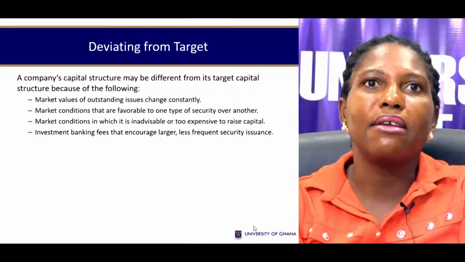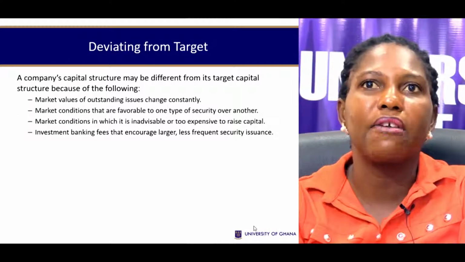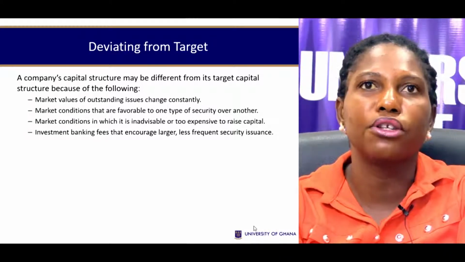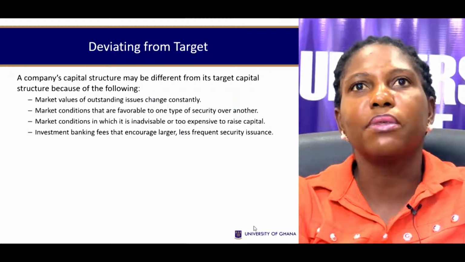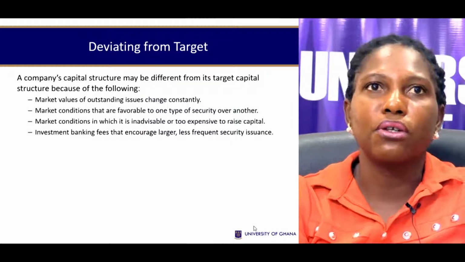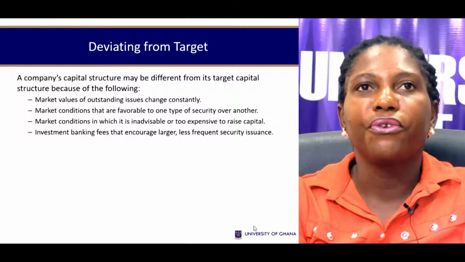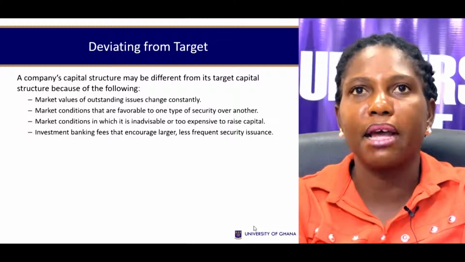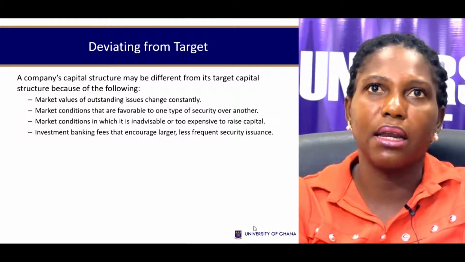And also where investment banking fees encourage larger and less frequent issues, you may find firms having capital structures that are quite different from the targets that they may have set out in the very beginning.